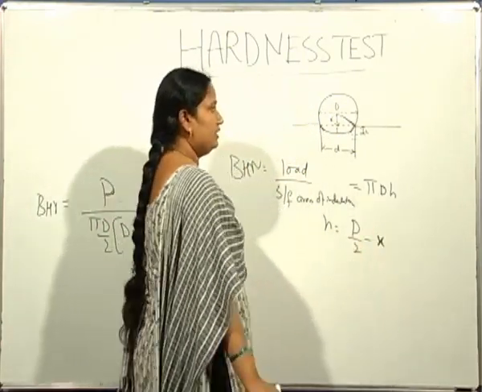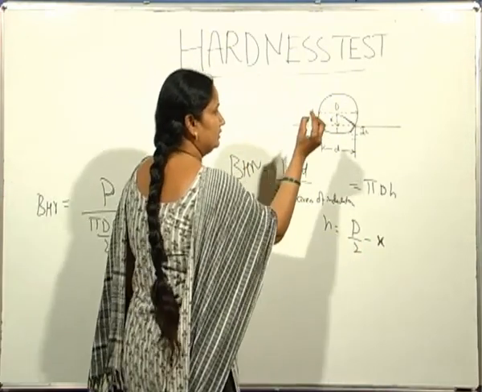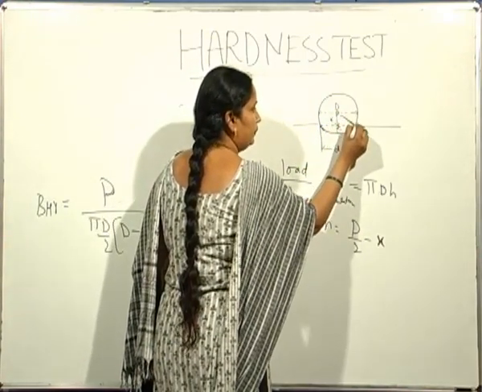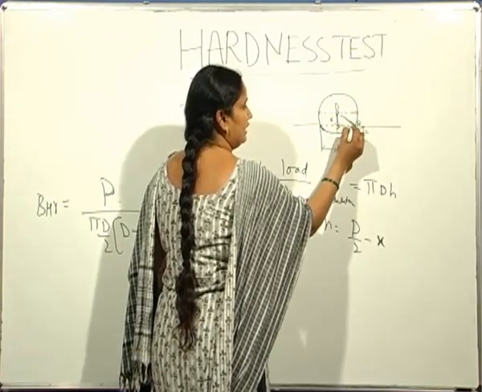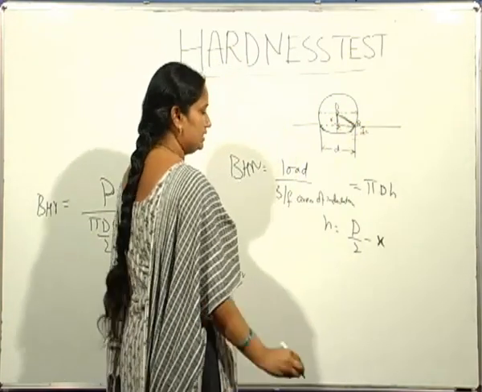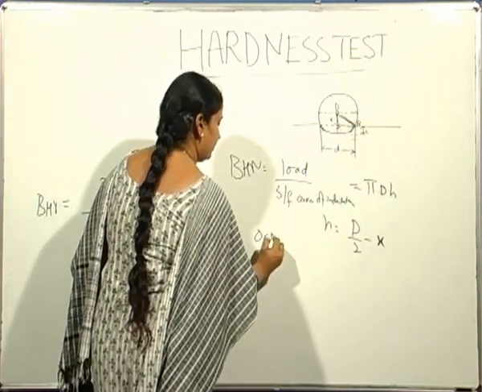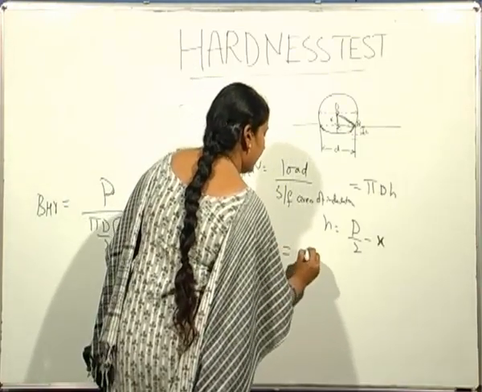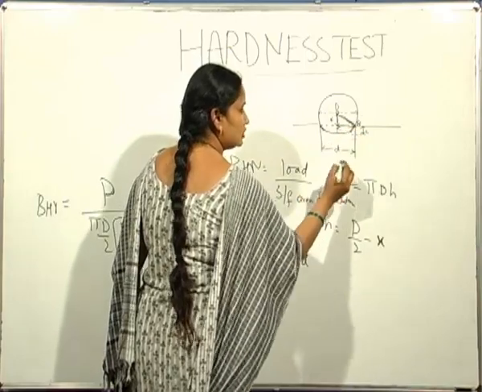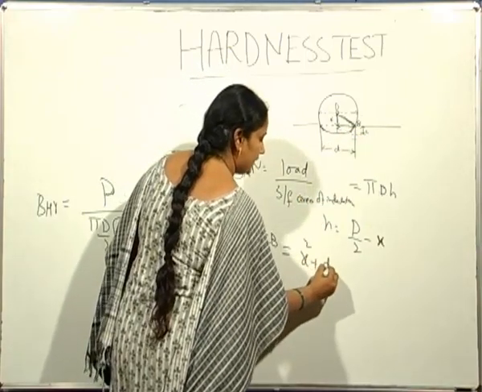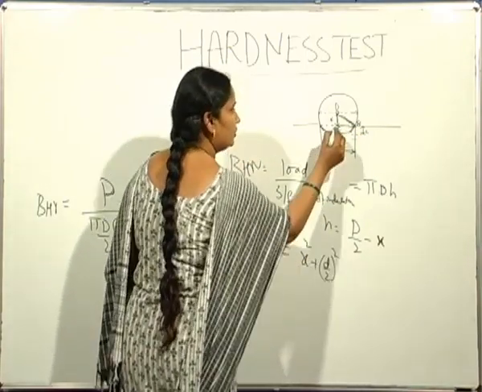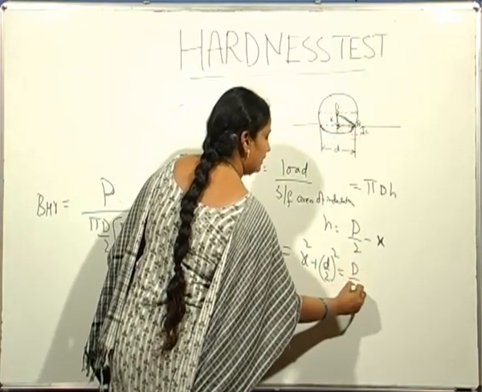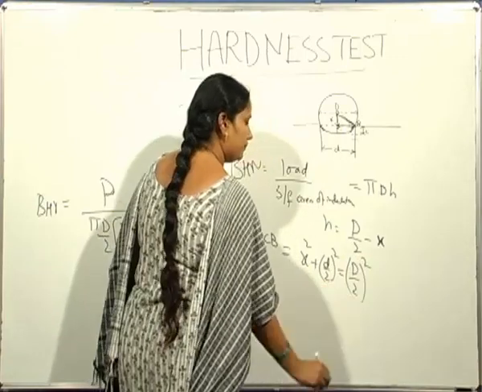By considering the right angle triangle OCB, we have x square plus small d by 2 square is equal to capital D by 2 square.